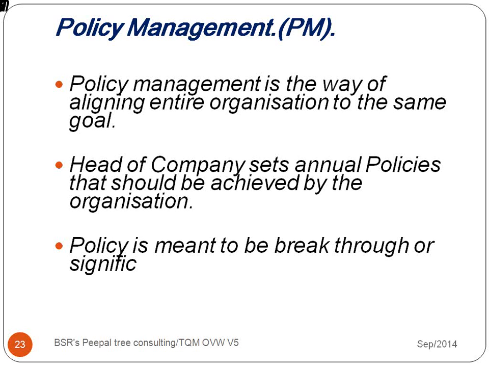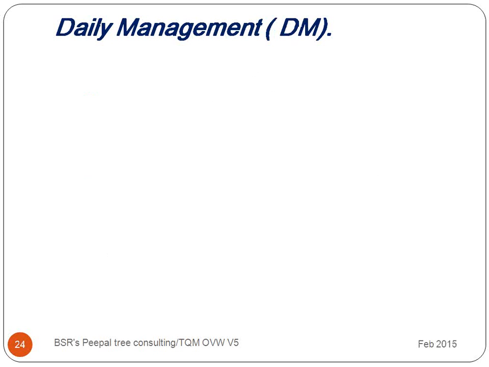And these annual policies are breakthrough items, and they are subsets of a midterm plan that the organization has made, which will move it towards the vision. Therefore, these annual policies have to be achieved if the organization has to be on a continuum towards the vision. And these policies taken up by the top management hence have to be breakthrough in nature, or significant improvements over a period of time.